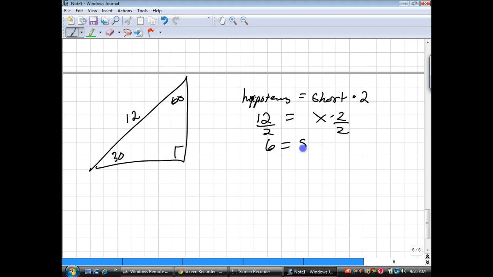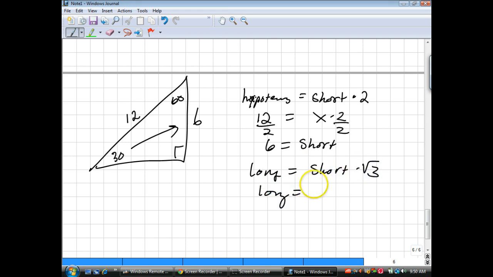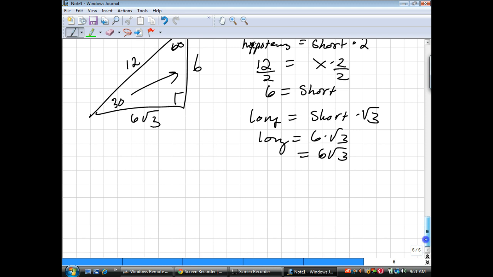So 6 equals the short. Okay, so this has to be the short side because it's opposite the 30-degree angle, so that side has to be 6. And then the long equals the short times square root 3. So this is 6 square root 3. So given each side, we can find the other, or given one side, we can find the other two sides.